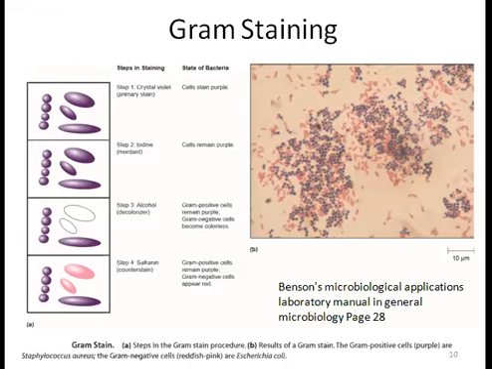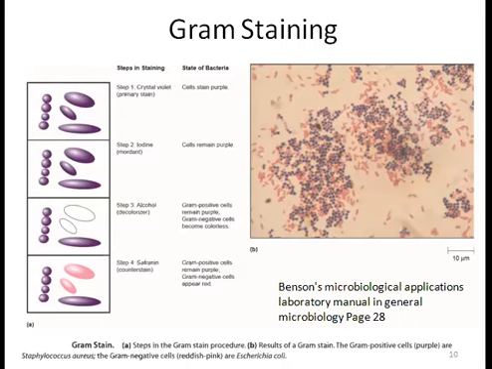In the first step, the bacteria are stained with the crystal violet dye. Then in the next step, iodine is used, which increases the interaction between the cell and the dye so that the cell is stained more strongly. Now this smear, or the bacteria on the slide, are decolorized by washing with ethanol or acetone.